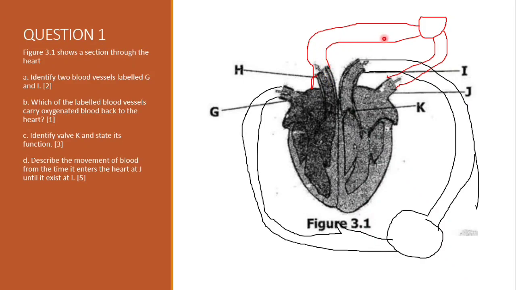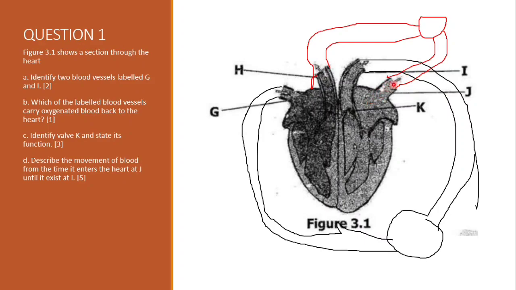Once it passes through the lungs, it will collect the oxygen. And as it is coming back from the lungs, going to the heart, it is now oxygenated. So oxygenated blood, I'm now describing, flows from the lungs going to the heart through a blood vessel known as the pulmonary vein.